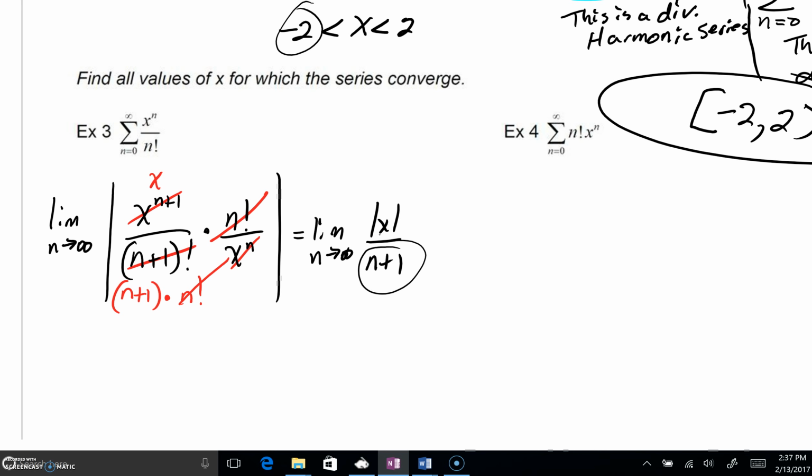Our denominator is headed towards infinity. What's going on? Absolute value of x divided by something super large? That should equal 0. I don't know what x is, but no matter what real number I have, when I divide by something unbelievably large, that has to go to 0.